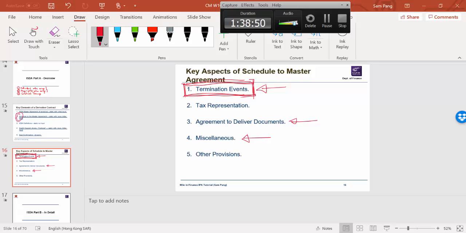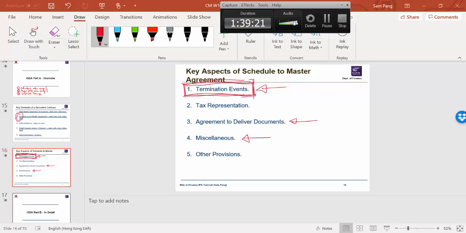A default, no, is any default. Now I'll tell you what default means. Default can mean you don't pay coupons when you are supposed to. Default can mean you don't pay principal to somebody else when you are supposed to.